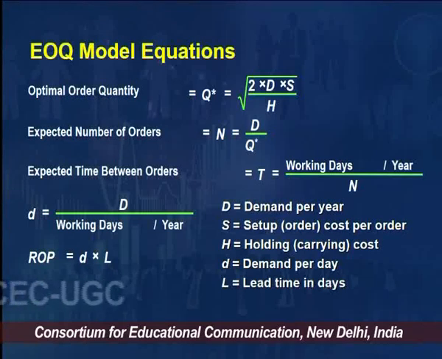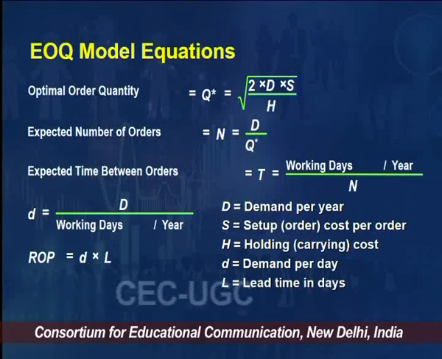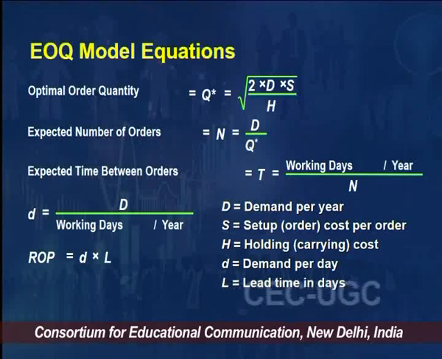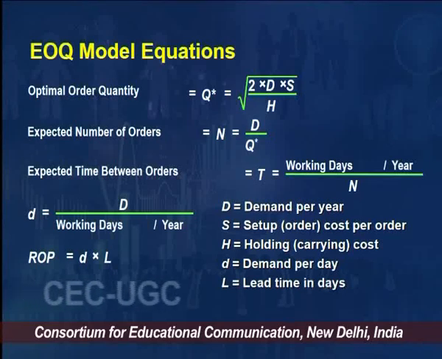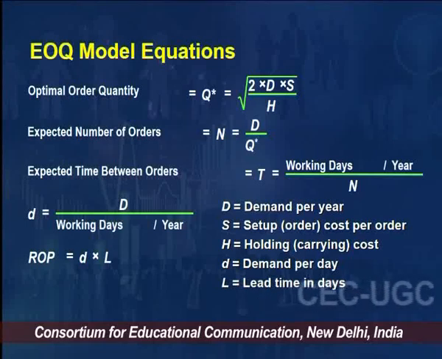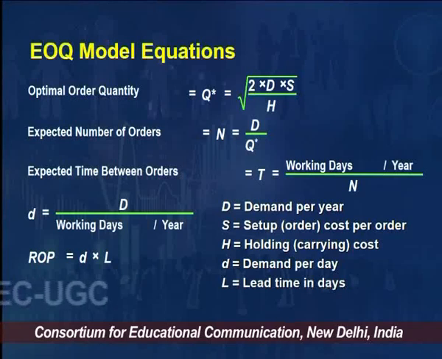Expected time between orders is equal to working days per year upon N. N is the expected number of orders. Small d, what is small d? It is the demand per day, is equal to annual demand, that is capital D, divided by working days per year.